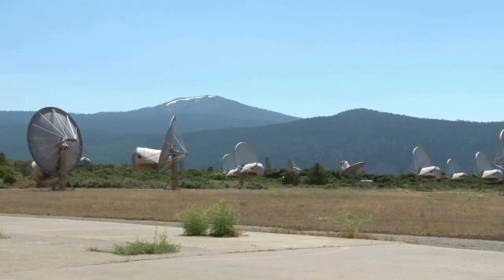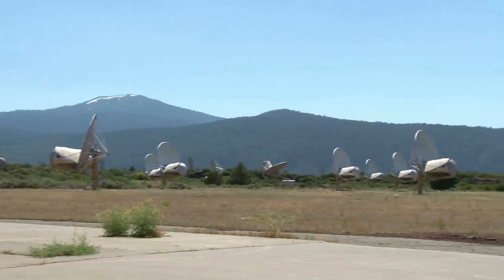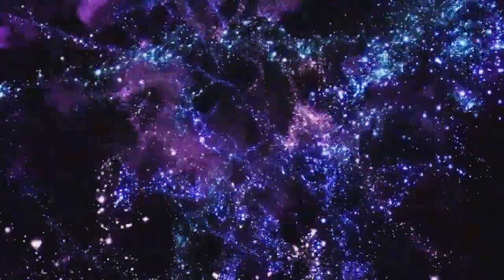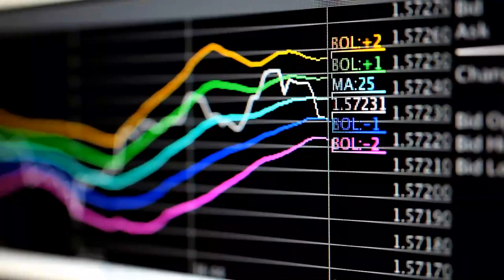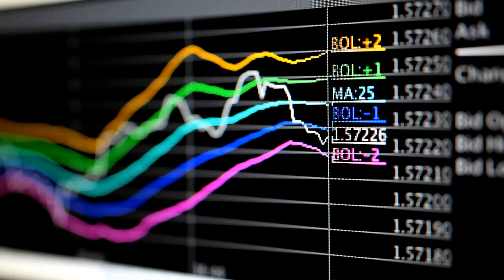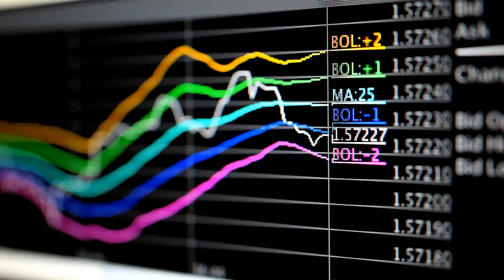LIGO is essentially a giant, incredibly sensitive microphone, tuned to listen for the faint whispers of gravitational waves rippling through space-time. When a gravitational wave passes through the detector, it creates a characteristic chirp signal in the data, a telltale sign of a cosmic collision.